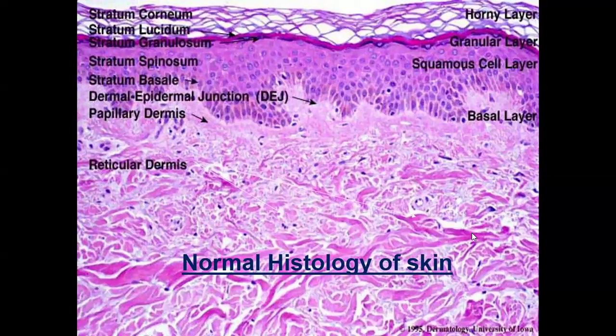So again, repeating the normal histopathology, because all the abnormalities have this basis. Just understand that the epidermis has 5 layers, usually 4 in all the skin areas except palms and soles, where the stratum lucidum is also present. In the rest of the skin it is stratum corneum, stratum granulosum, spinosum, and basal.